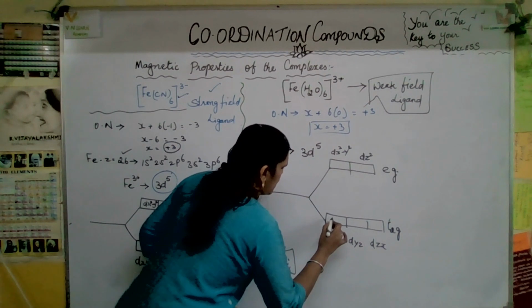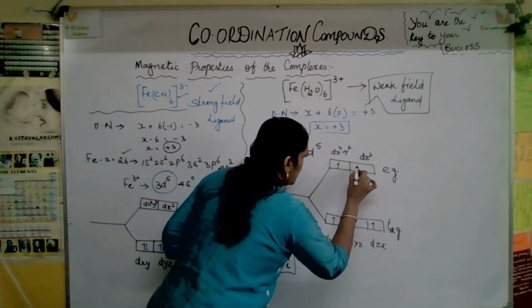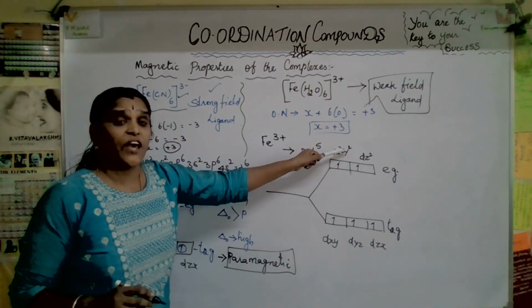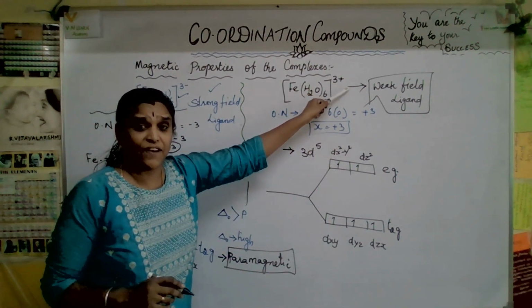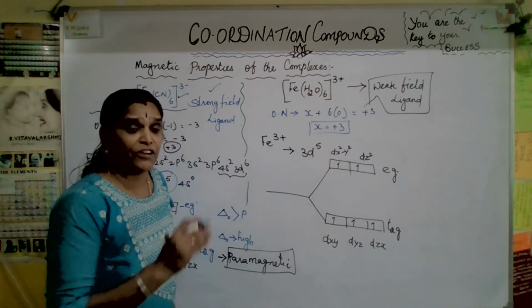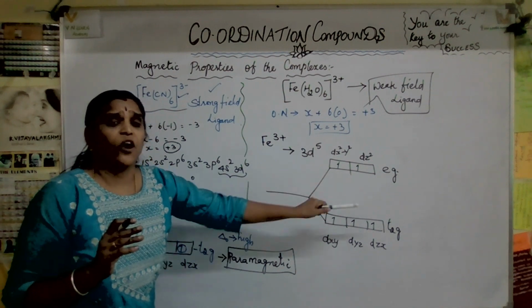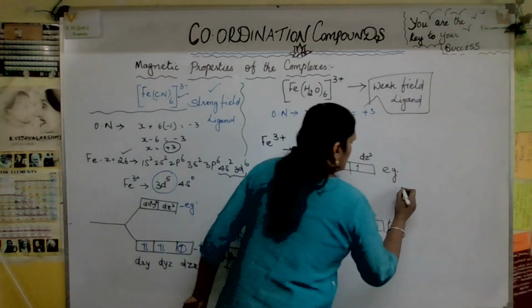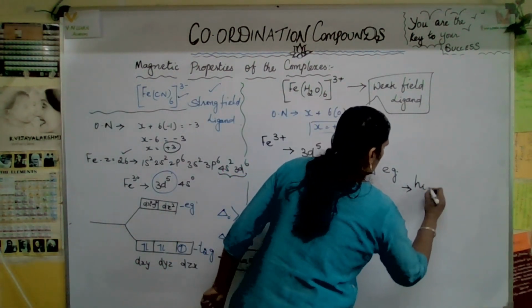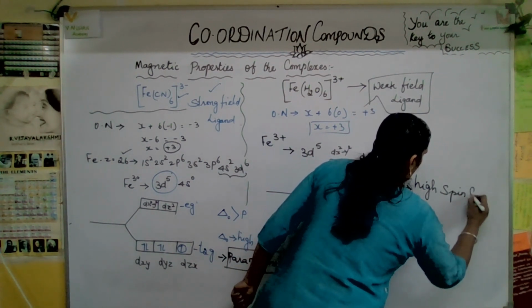Right. So how many electrons? 1, 2, 3, 4 and 5. Why is it going to the higher level? Because it is a weak field ligand. It cannot pair up, so definitely it will go to that higher level. Now here, is this a high spin or low spin? Definitely, this will be a high spin complex.